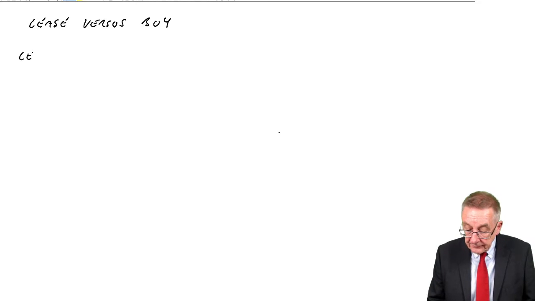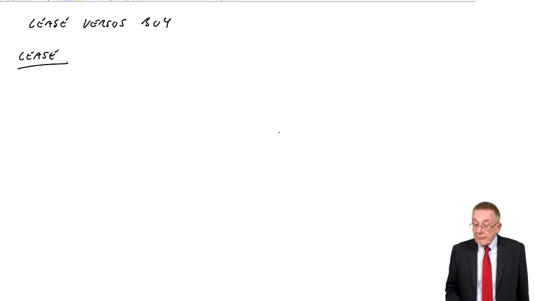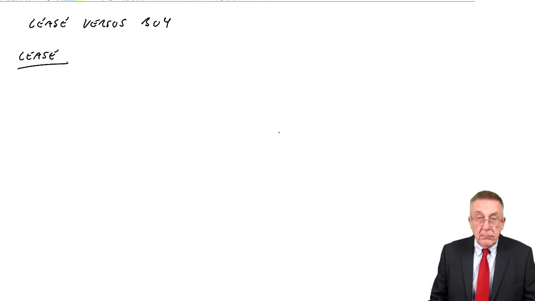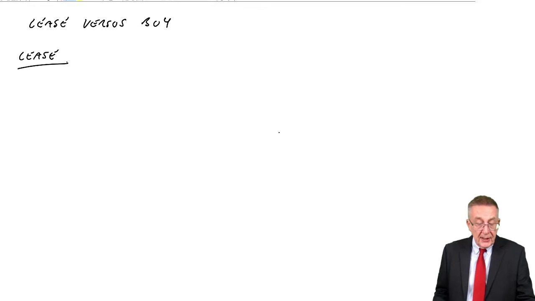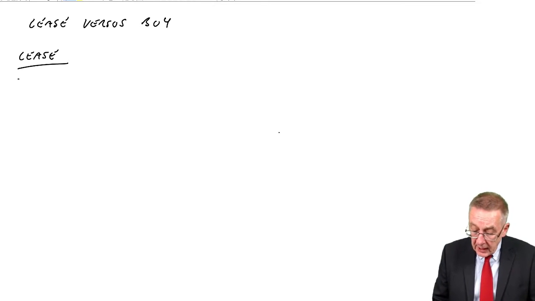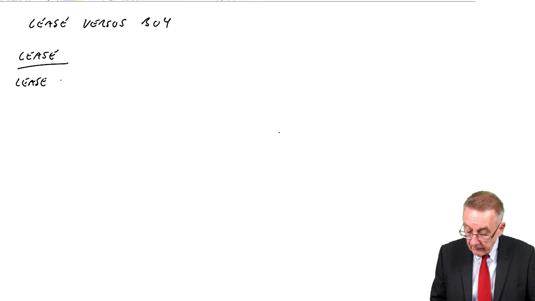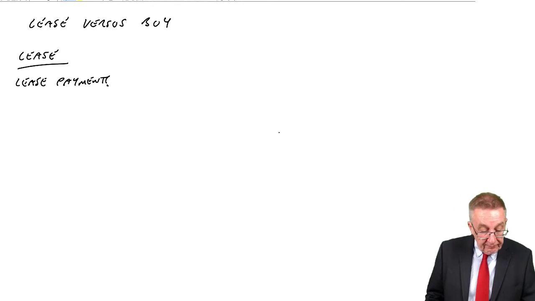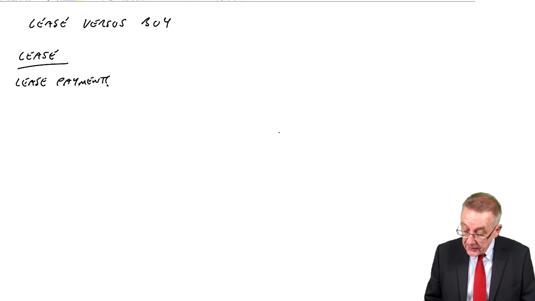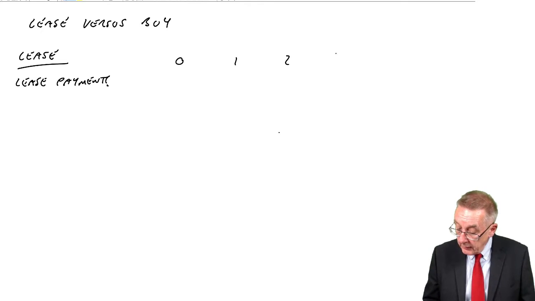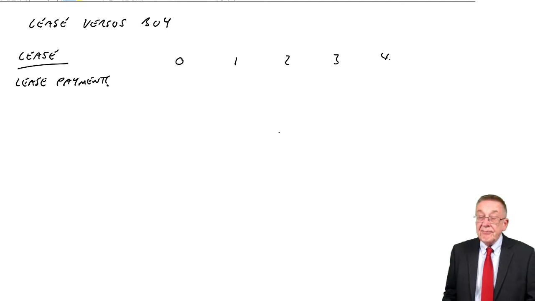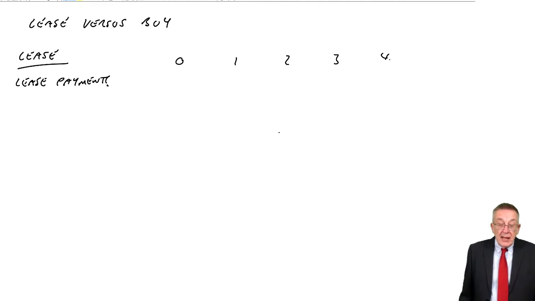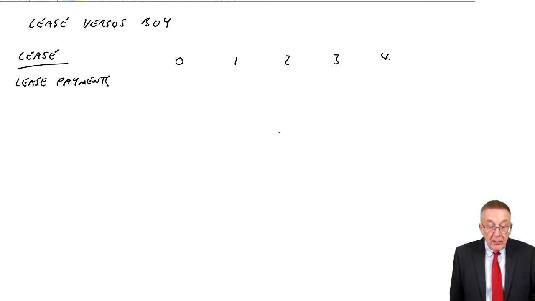What about leasing? Well, the costs involved in leasing are these lease payments. And what are the lease payments? We're having it for how many years? 4 years? 0, 1, 2, 3, 4. Be careful though. I did mention before, we're paying 35,000 a year.